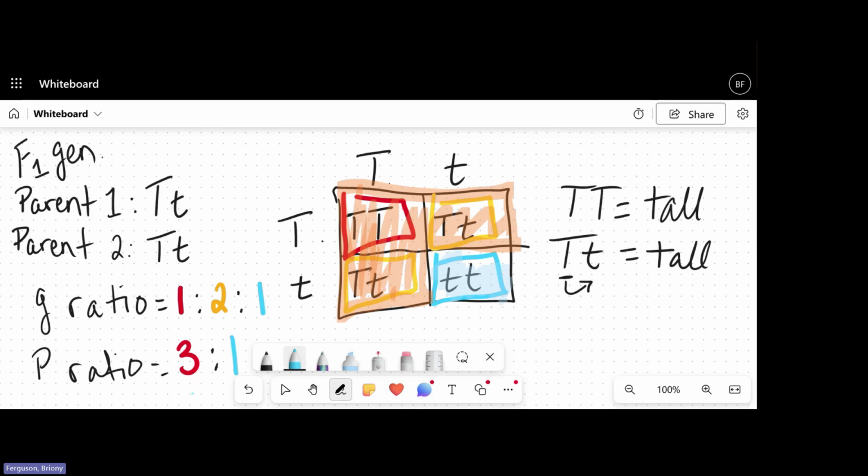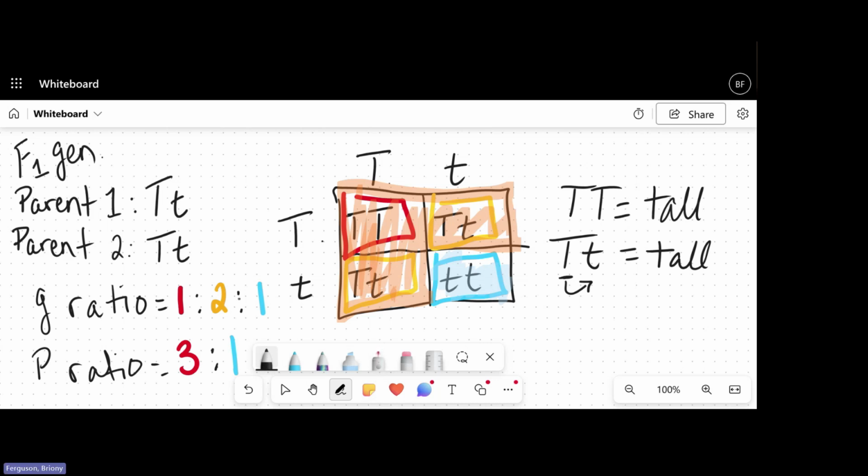We have 3 tall and 1 short. Again, you do need to keep these in ratio format. Don't just tell me that something is all tall, because their actual genotypes might be different. It is better to keep that ratio so that we can see.